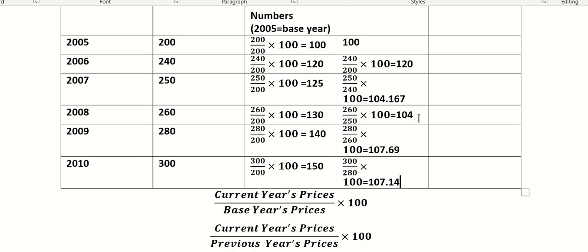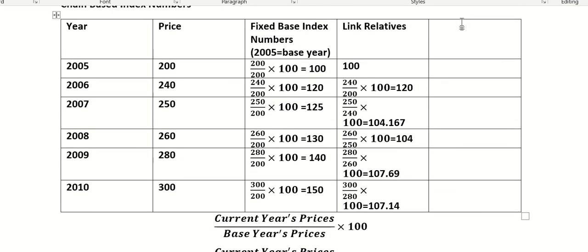So now finally we have to calculate chain base index. In chain base index the first value will remain 100, we will not change it. Now we will see how we calculate it.